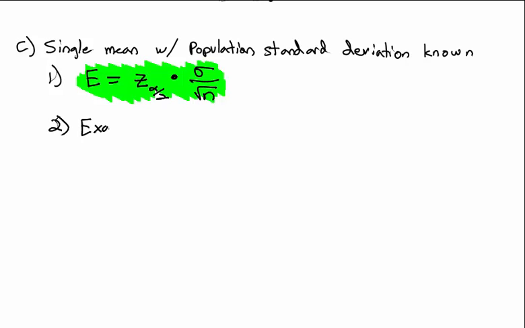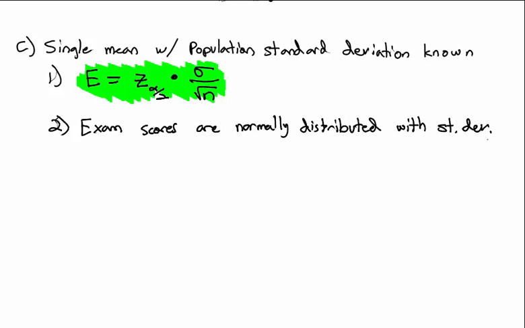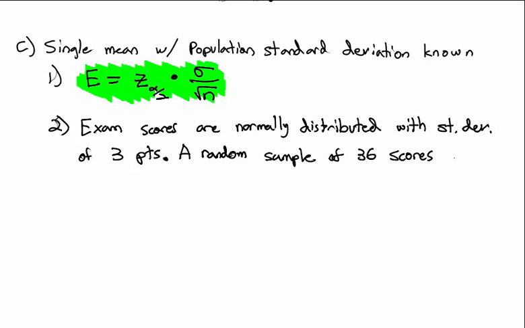So, for example, if exam scores are normally distributed with a standard deviation of 3 points, we take a random sample of 36 scores, which gives a mean of 68.